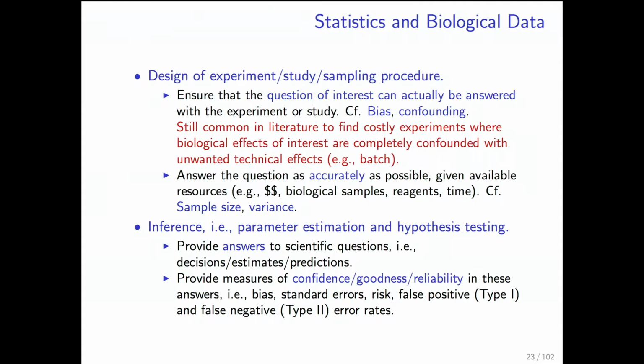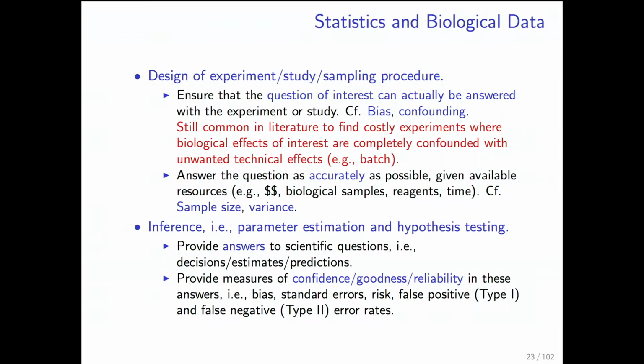It's still very common in the literature to find experiments where the biological effects of interest are completely confounded with nuisance technical effects. So for example, if you see a difference in expression measure, you won't be able to conclude that it's due to a difference between cell types. It could just as well be due to differences between batches. Okay, so just a few moments of thinking about experimental design could save a lot of trouble.